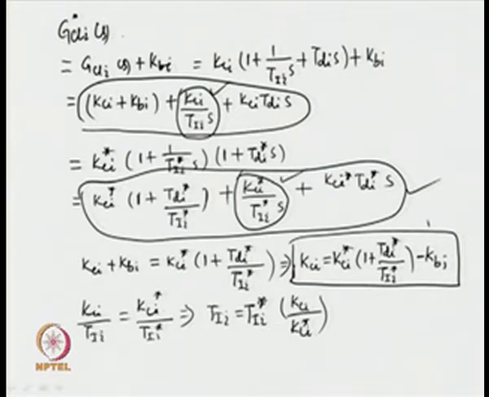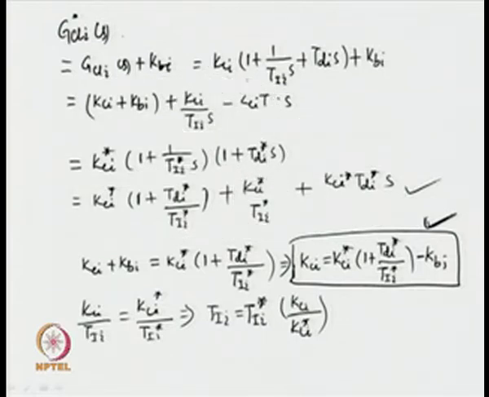Now, using this expression, the upper one, I can write down Tii as Tii star times Kci divided by Kci star, which will give us 1 plus Tdi star upon Tii star minus Kbi upon Kci star.